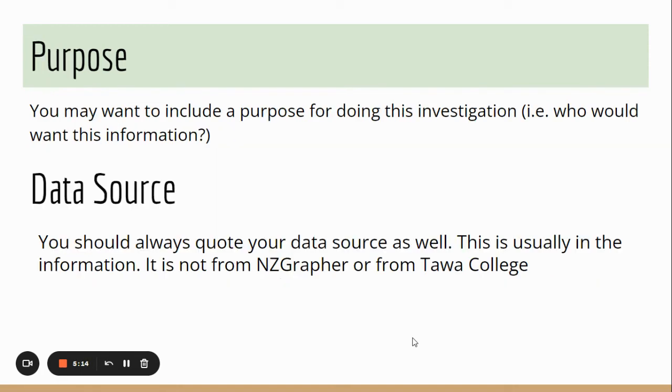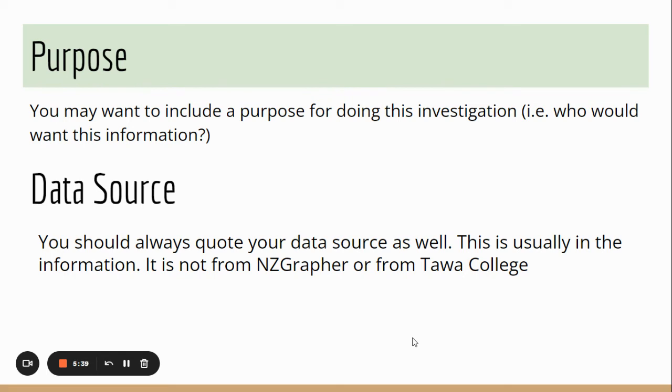So we need a purpose for doing it. This is usually just one particular sentence. So perhaps the school is interested in finding out how much students spend, and they want to look at whether they should make tickets less for females because they spend more money. It's unlikely to happen, but whatever the purpose is, you try and find some general group that would be interested in knowing your outcome.